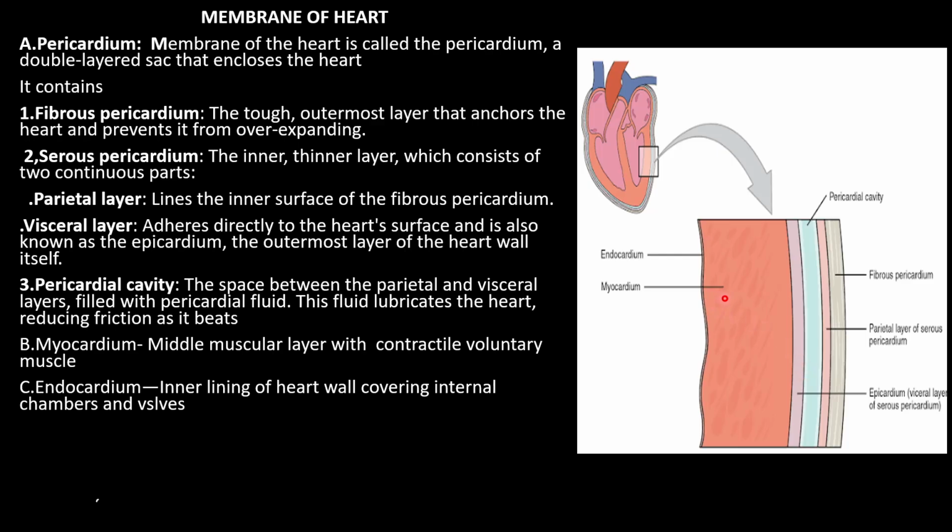Again, after this epicardium, this is the muscular layer, which is called myocardium, containing contractile muscle, which helps in the contraction of heart, that means movement of heart is done by this myocardium particularly. And last one is endocardium.